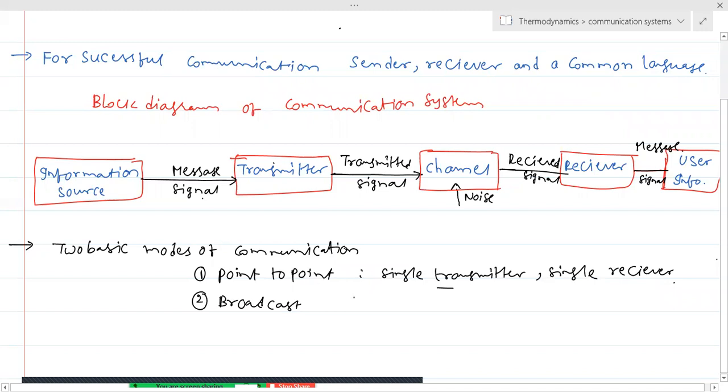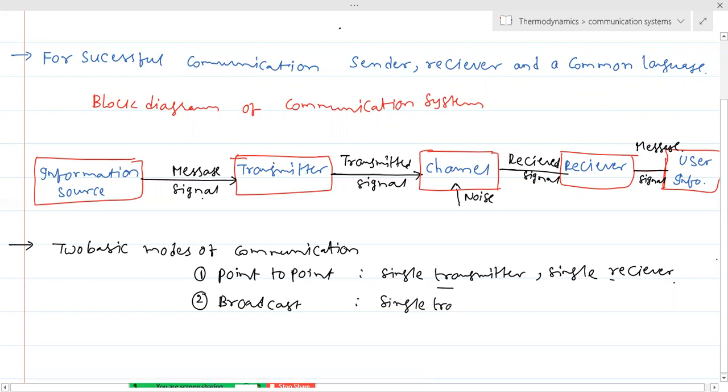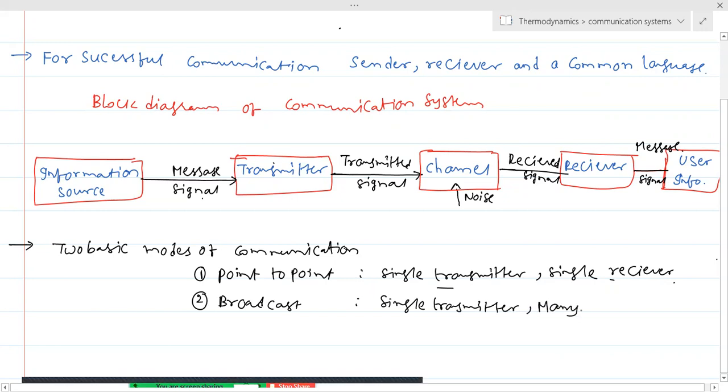In that case it is called point-to-point communication. When we think of broadcast, suppose we observe television broadcast, we have a single transmitter and many receivers.